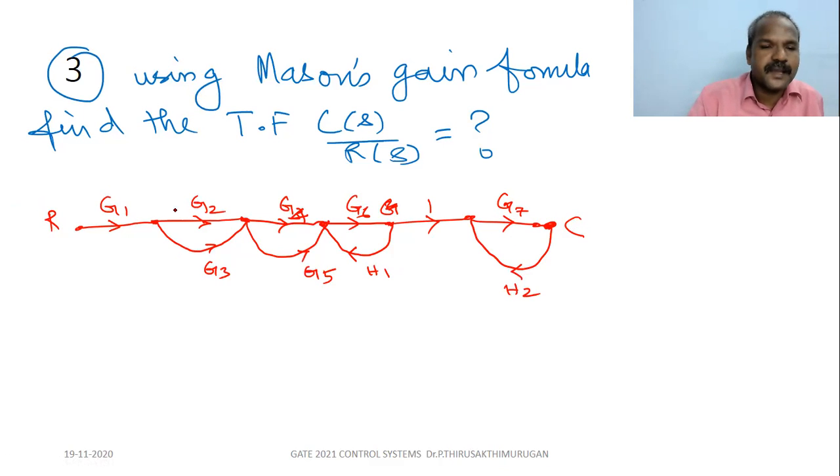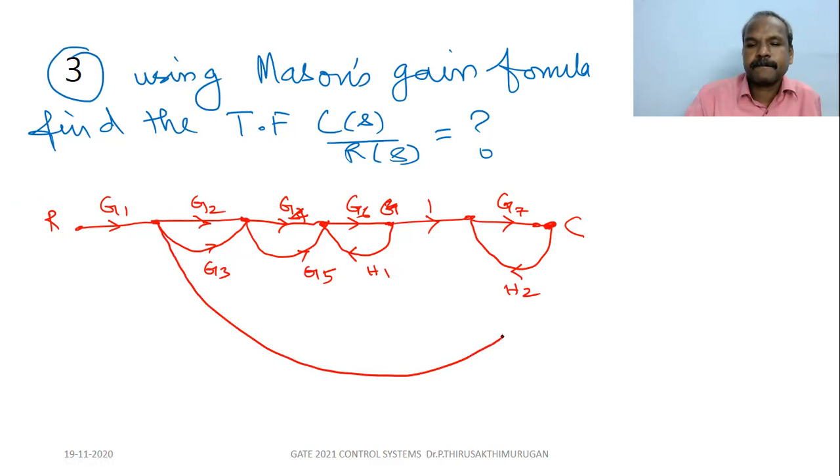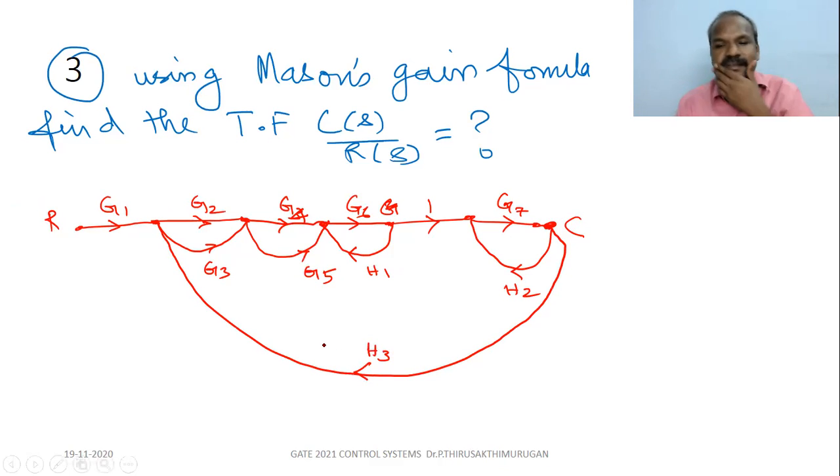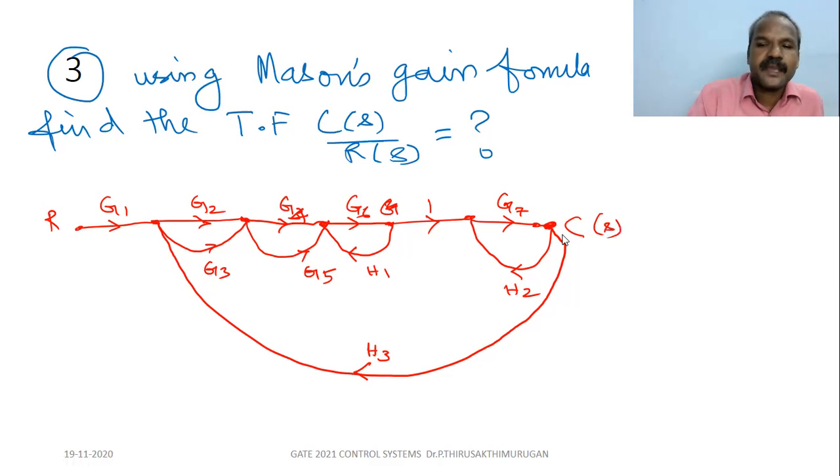Then the third feedback is across this point, H3. So we have to find C of S by R of S.